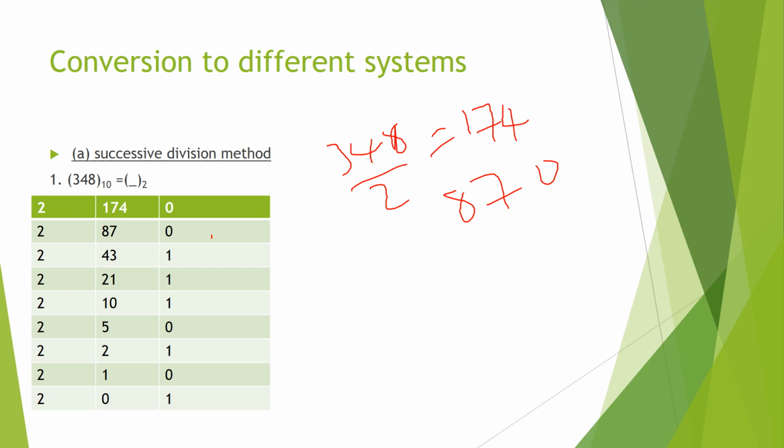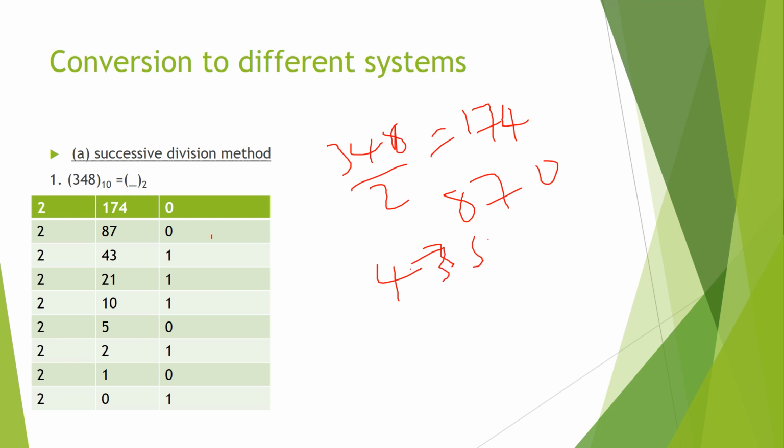And then if you take 87, you divide by 2. Now you are not going to get a remainder of 0, but you get 43.5.